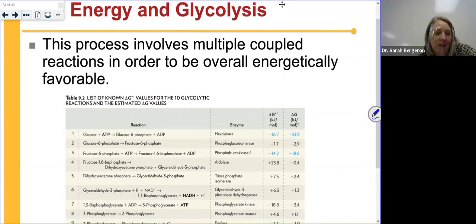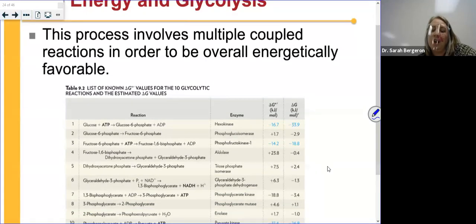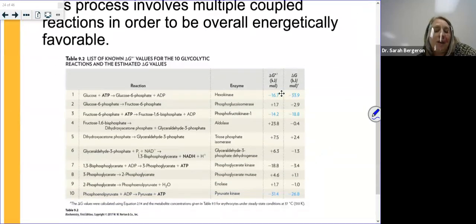There we go. When these reactions are occurring, they don't all have the same free energy. So if you have a really high negative delta G, right? Like here, negative 16.7, negative 14.2, negative 31.4. What can we say about these reactions that are in blue?